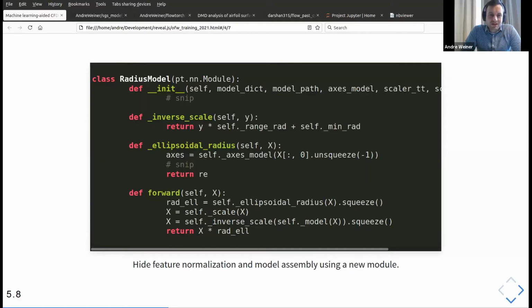Initially, I created this rescaling in OpenFOAM, but it's much nicer if you package everything up into this little class here, which is also a PyTorch module. This is also nice if you want to combine several smaller models into one top-level model.